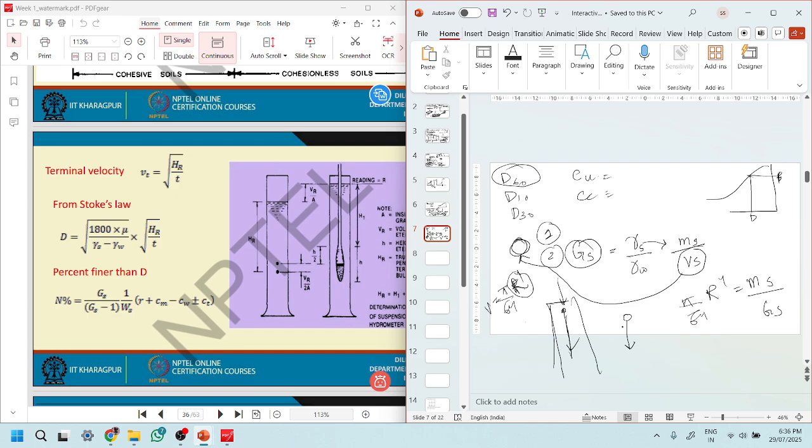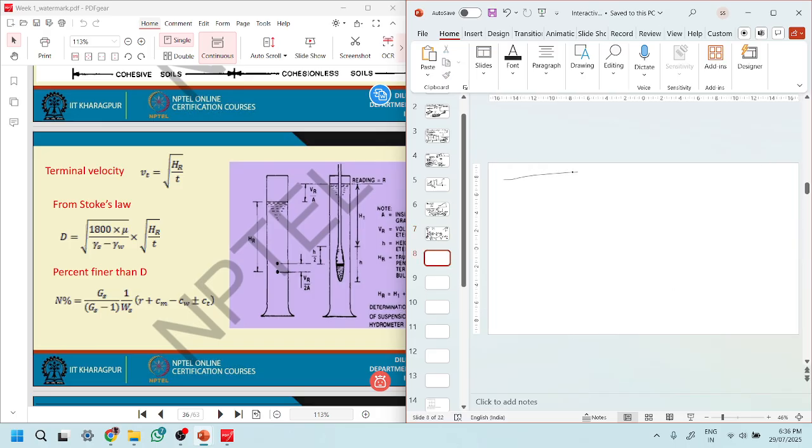So based on Stokes law. Why this is important is because Stokes law is dependent on the mass of your particle. It means that if all the particles have the same density, then at the same height you will have particles that have the same size, because the specific gravity of the particles is the same and the velocity of the particles is the same.